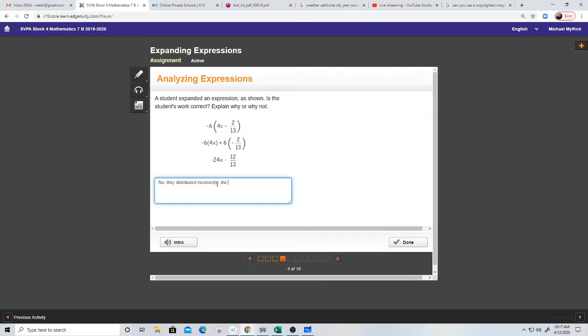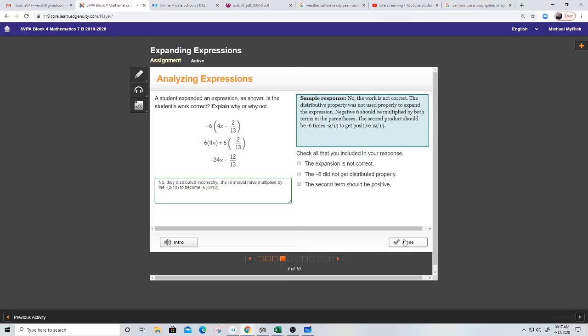The negative 6 should have multiplied by the negative 2 over 13 to become negative 6 times negative 12 over 13. I'm sorry. Something like that. Yep.